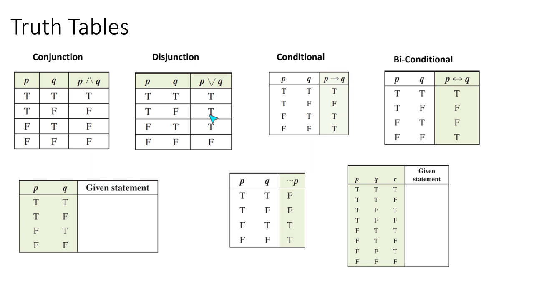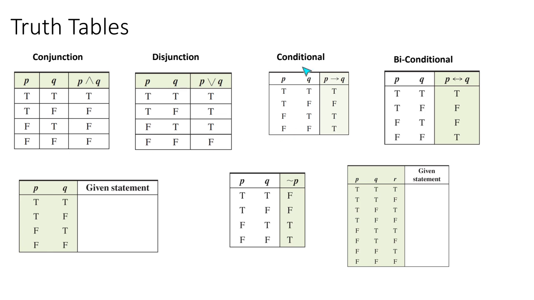Yes, because the ad says "or." If they don't have a bachelor's but they have 10 years of experience, they still qualify. And if they don't have either, then it's going to be false. So for your disjunction, it's going to be true as long as one or the other is true. If they're both false, then it's false.